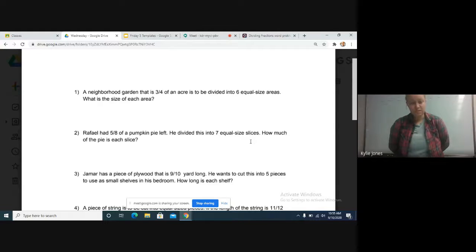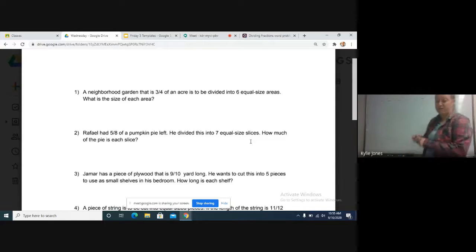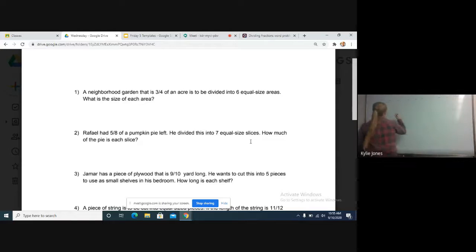Okay. So we have 5/8 of a pumpkin pie left. So that's like saying that we have this much of a pumpkin pie, a little bit of a pumpkin pie. And we need to divide it into 7 equal slices. So I'm going to write this out and then go to me.